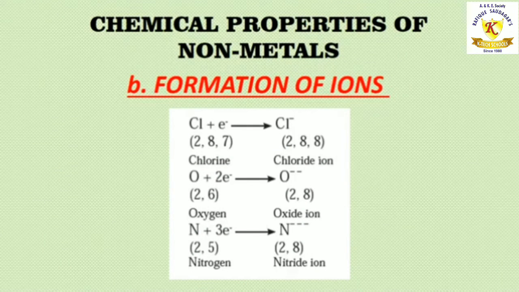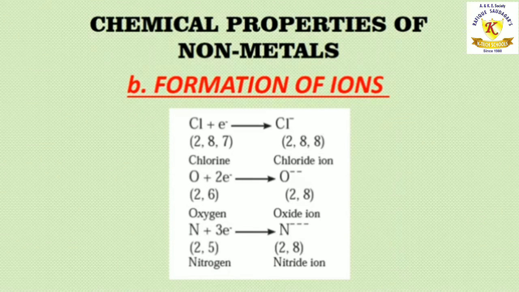The first one is chlorine, whose electronic configuration is 2, 8, 7. It needs only one electron to complete the outermost shell, that is its octet. So it will accept one electron and form 2, 8, 8, that is chloride ion.